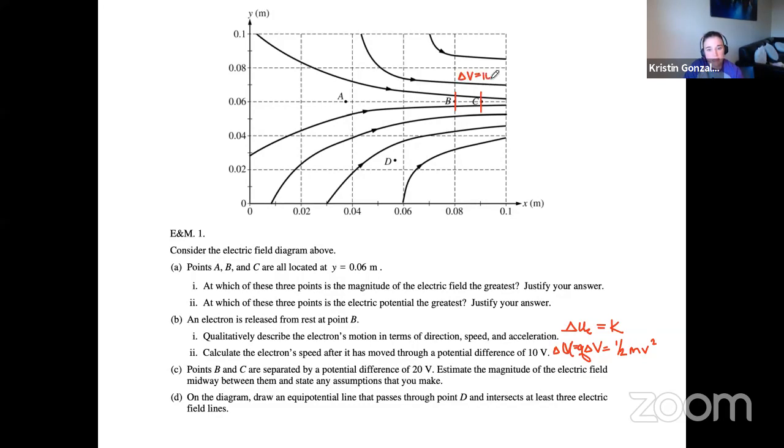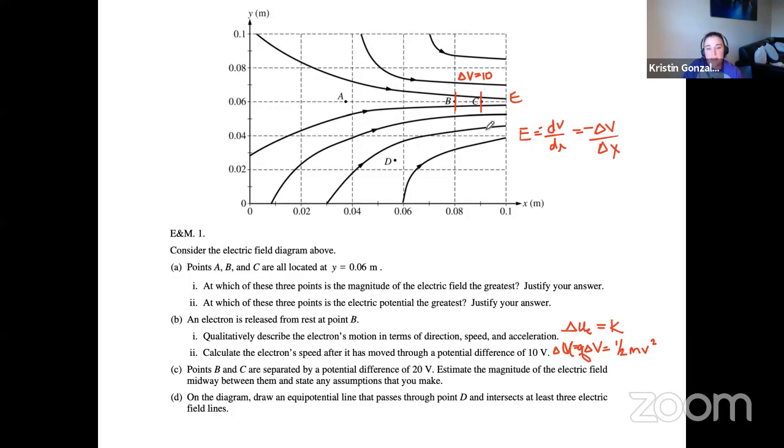How could we find the magnitude of the field at a point midway between them? What's the relationship between the electric field and the electric potential? The electric field, remember, is equal to the negative slope, or the negative derivative, of the potential. So since we're talking big picture here, let's use negative delta V over delta x.